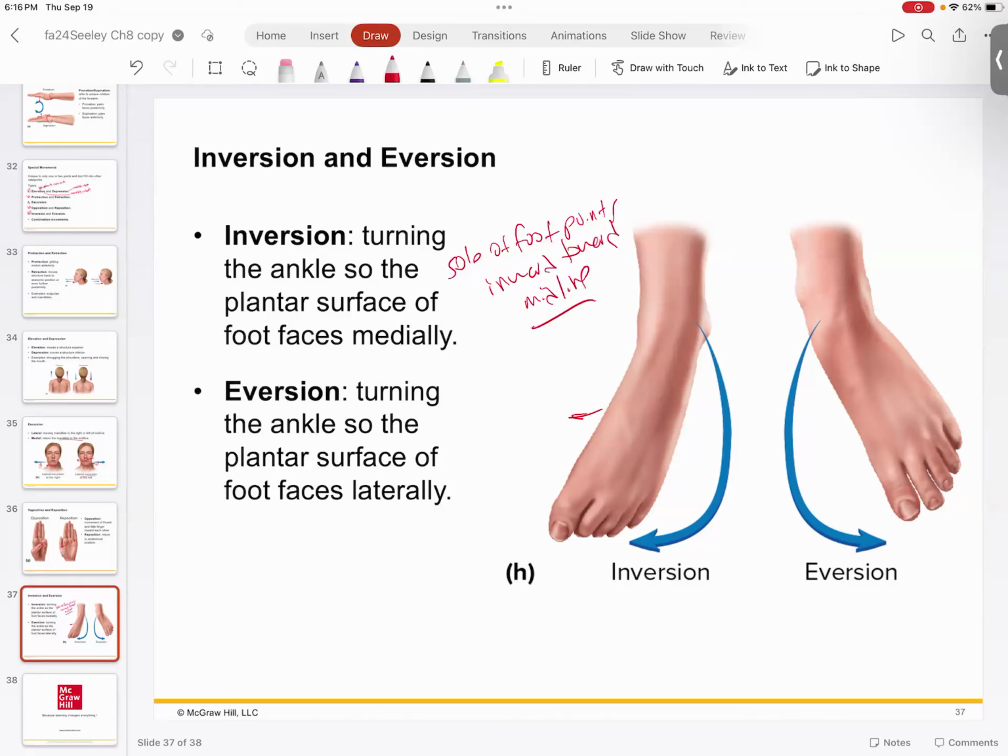And eversion is when the sole of your foot points outward, away from the midline.